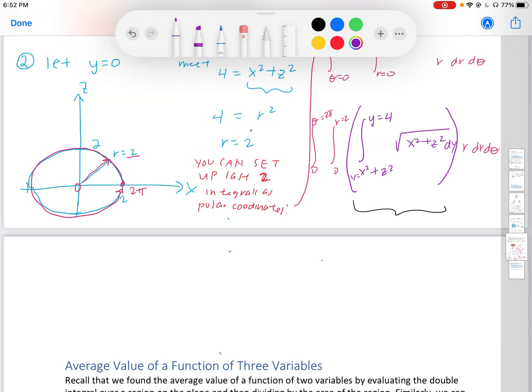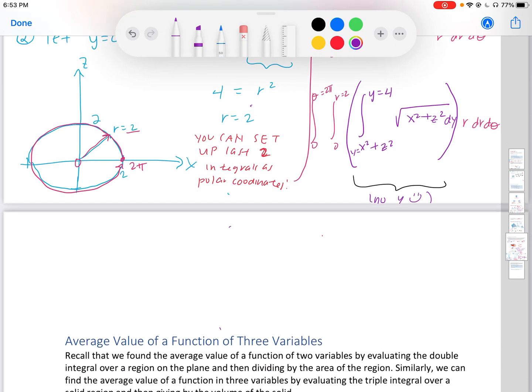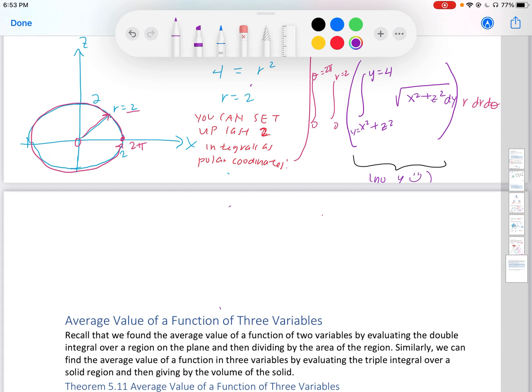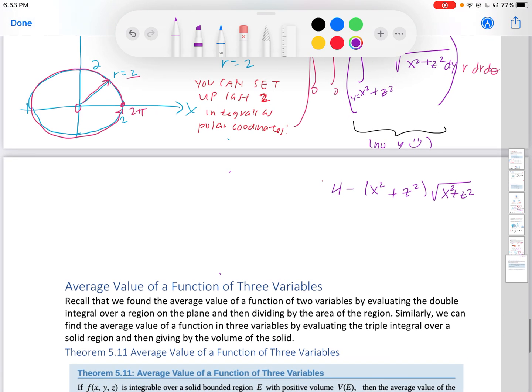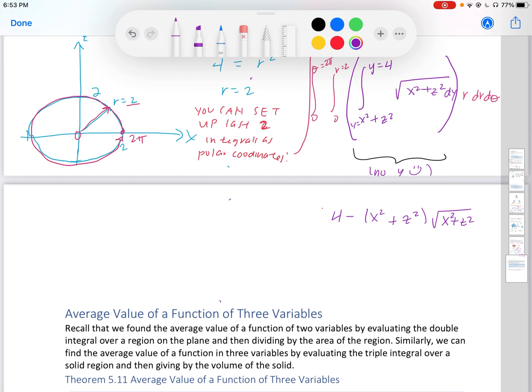So if we integrate in terms of y, we just add the y and set up our bounds for 4 and x squared plus z squared. So no y, which is great because I don't have to worry about the integral. So once we integrate, we're left with 4 minus x squared plus z squared times the square root of x squared plus z squared. So that's after we integrate and substitute those values in.